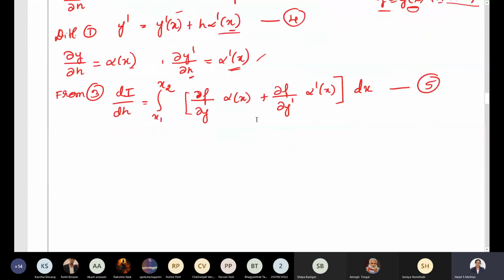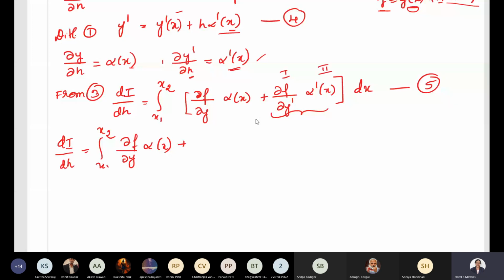Now we have to find the integral of this, so that we can use integration by parts. We keep the first term as it is, the integral from x1 to x2 of dou f by dou y into alpha of x. Then we shall apply integration by parts to the second part. Take this as the first term, and this as the second term.